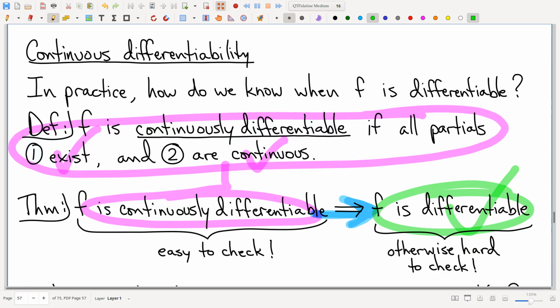Oh my gosh, it's so hard. That's way too much effort. Why would you ever do that? Rare circumstances, perhaps. In the great majority of cases, if you want to show something differentiable, check that it's continuously differentiable, which is effortless, and then cite, therefore, it's differentiable. Boop. Done. Everybody on board?